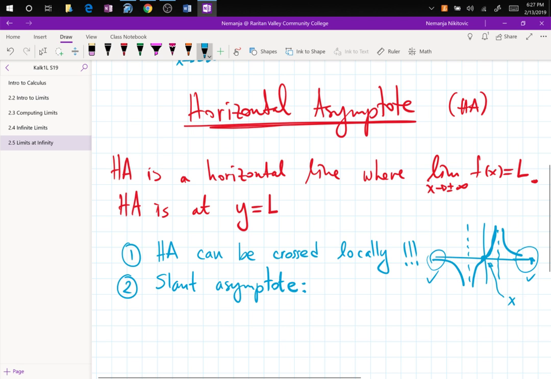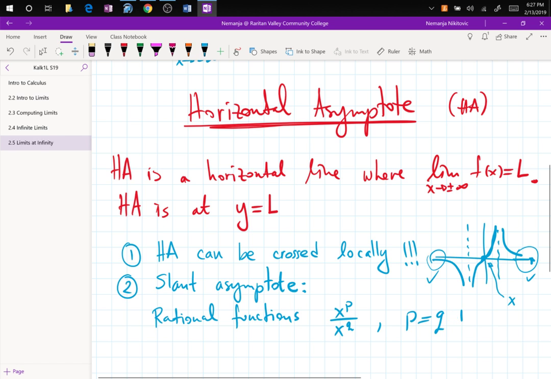A slant asymptote only happens in rational functions where you have x to the p divided by x to the q when p is equal to q plus 1.